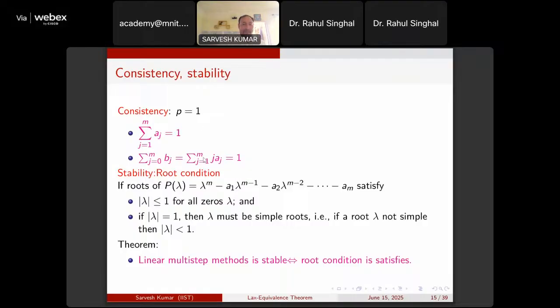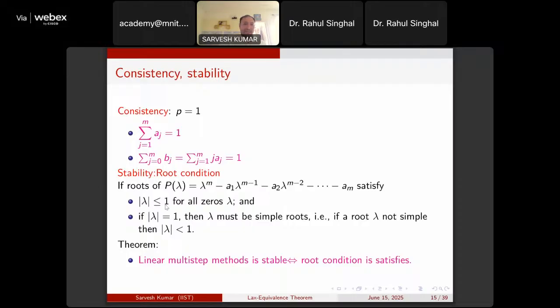What about the stability? Without going into much detail, if you might have done it: to check whether a multi-step method is stable or not, we construct a polynomial in lambda with these numbers a1, a2, up to am, which we already have. Now find the roots of this. Let's say lambda is a root.